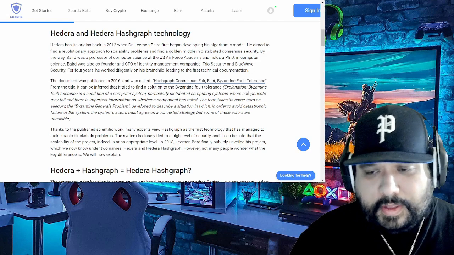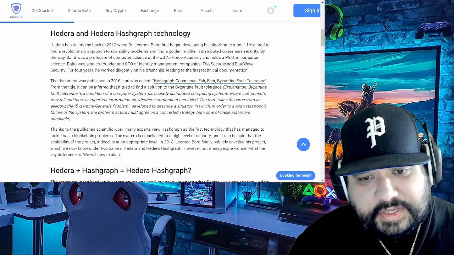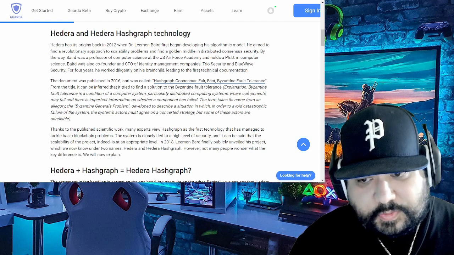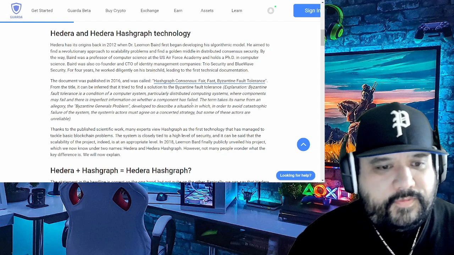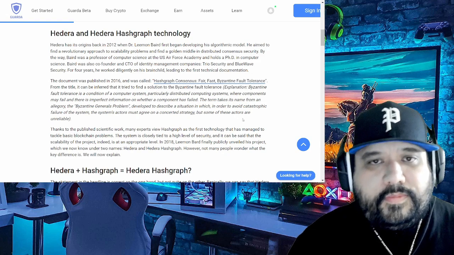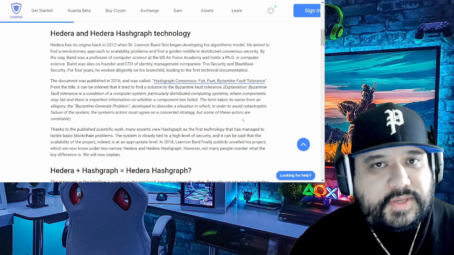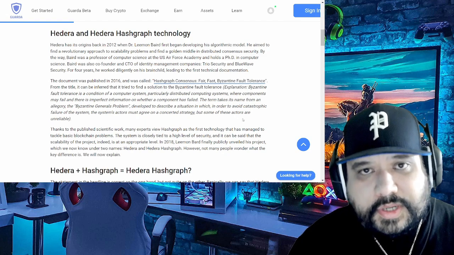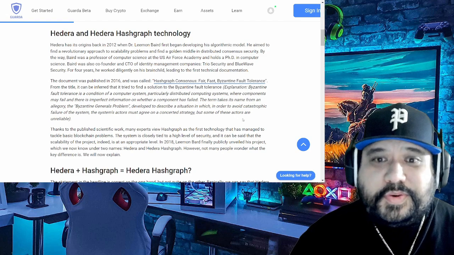Byzantine fault tolerance is a condition of a computer system, particularly distributed computing systems, where components may fail and there is imperfect information on whether a component has failed. Remember, in that particular lecture, he mentions that if some things fail, it's still okay. It's not going to shut down the whole darn system. Like basically Solana. Might as well throw that out there.